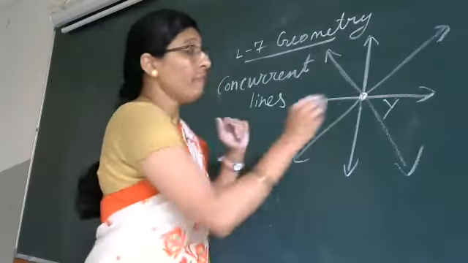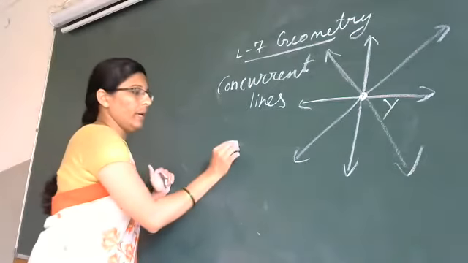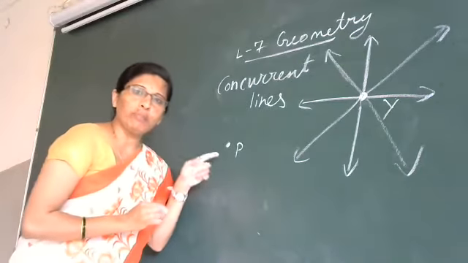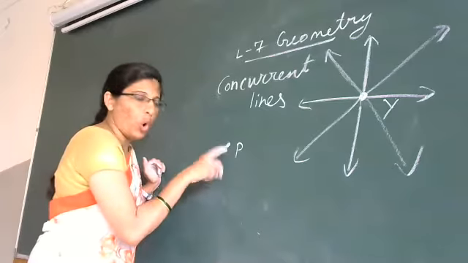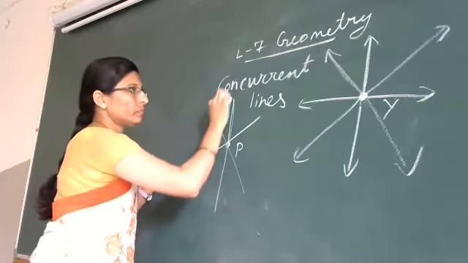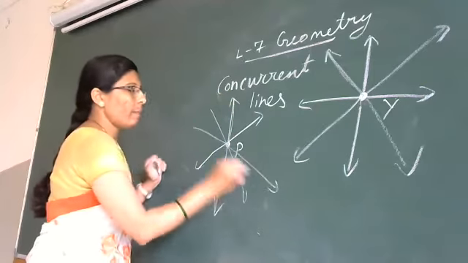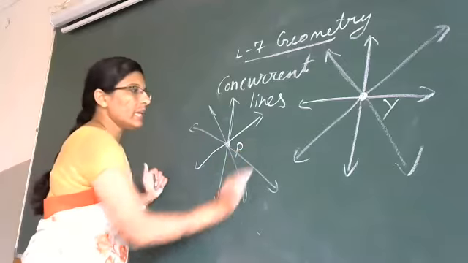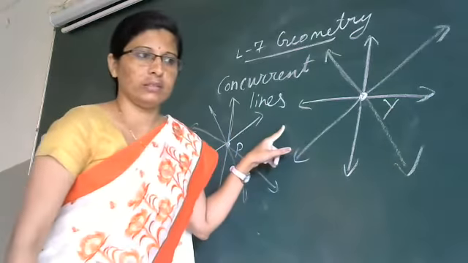I am telling if a point is given, any point, point P. And from this point P, only one point is there. From the same point, if many lines are passing, these lines are known as concurrent lines.